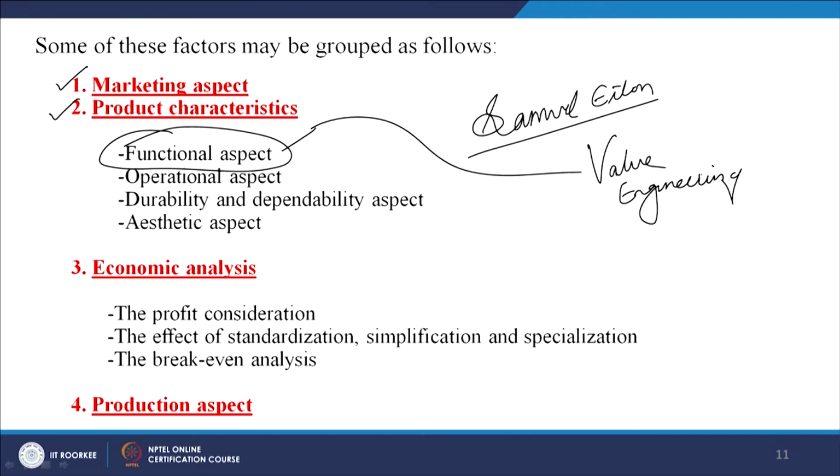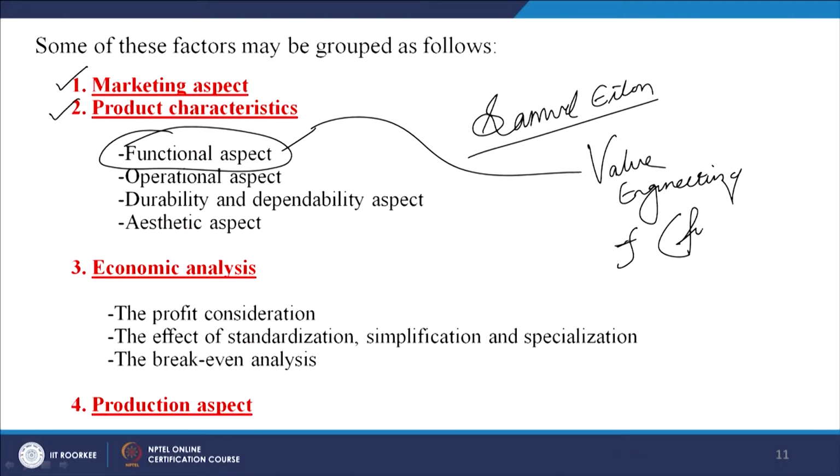We have to see why value engineering has to be studied in context of product design, because we want to do the functional analysis, and value engineering's main focus is on the functions of the product as well as the cost of the product, and therefore, value engineering uses the technique that we normally call the FAST technique, which is the functional analysis system technique.